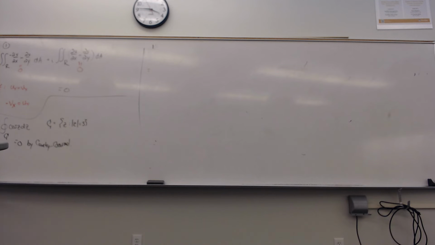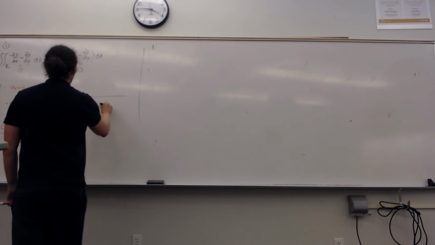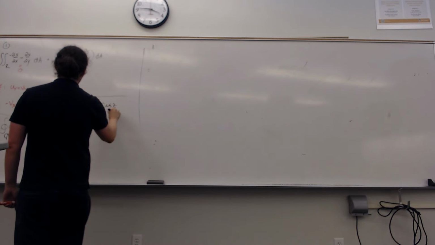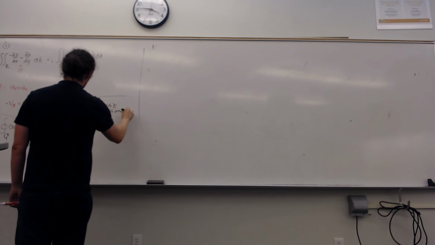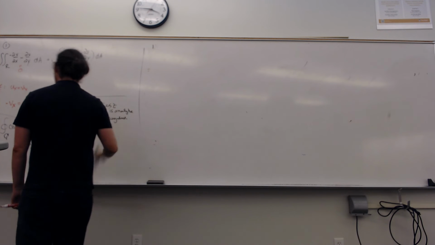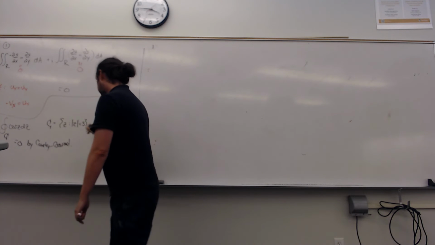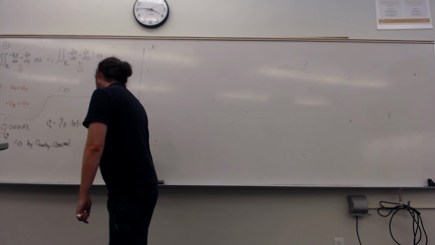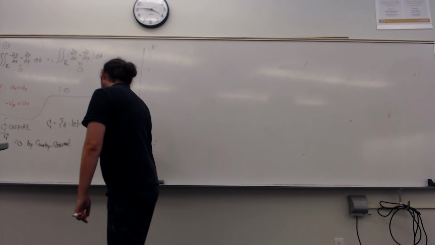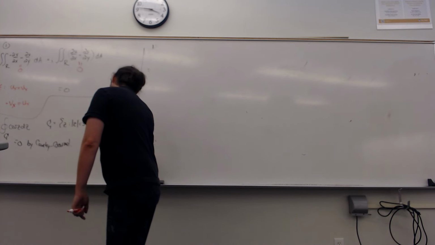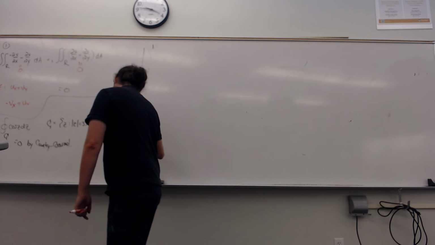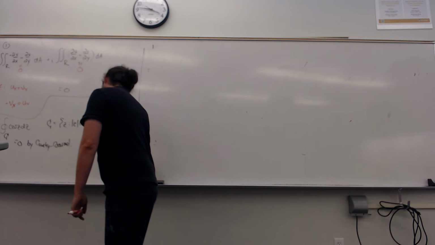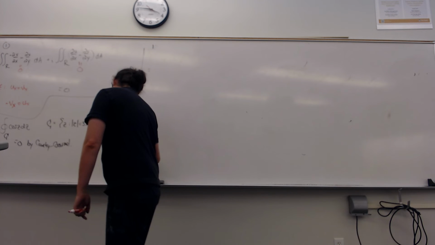Okay, if you don't follow what's going on here, cosine of z is analytic everywhere. And the circle, C, is a simple, closed, piecewise smooth contour.